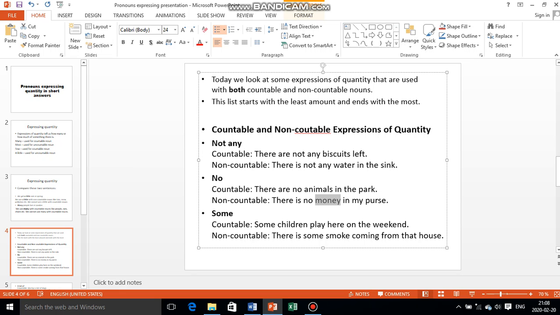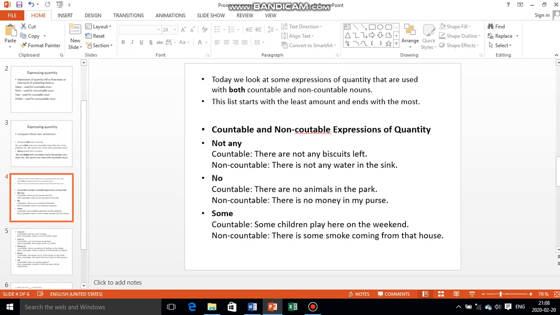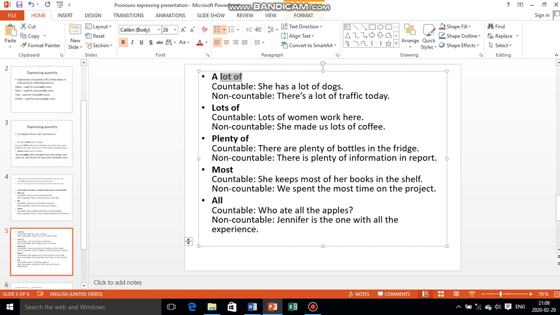So these are the words that you can use with both countable and uncountable: not any, no, some, a lot of, lots of, plenty of, most, and all. Okay, remember those words.